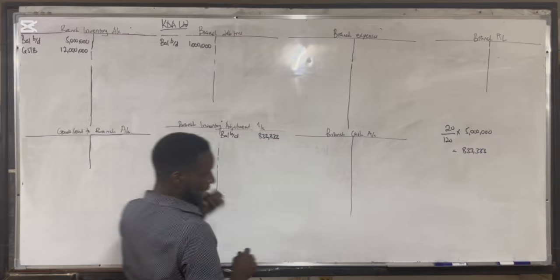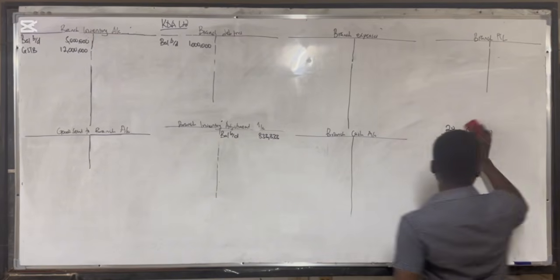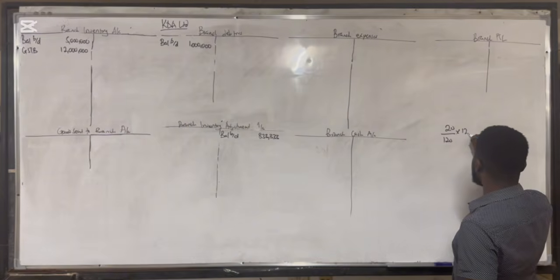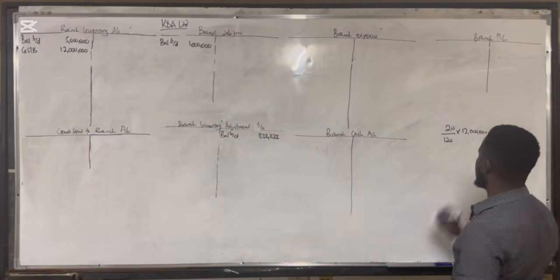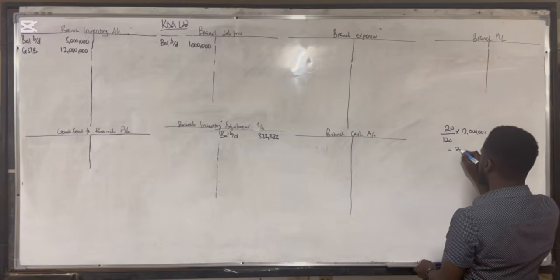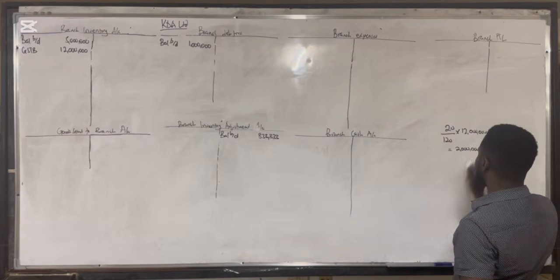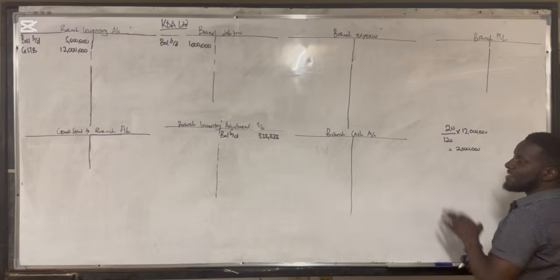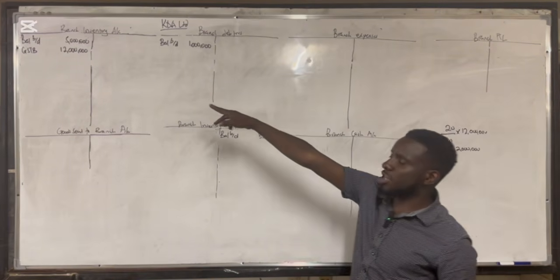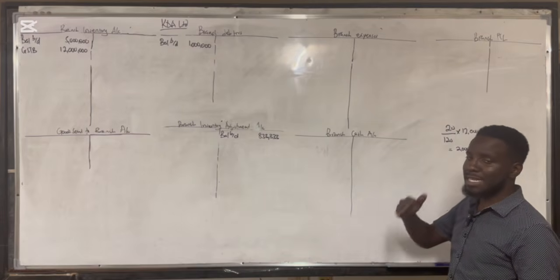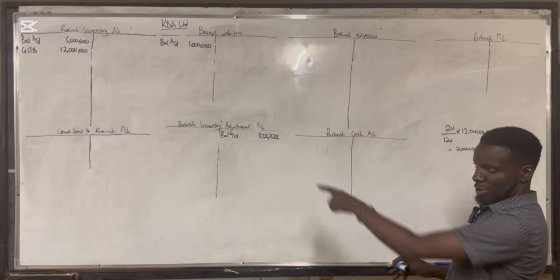So that means you're going to get the 20 over 120 times the 12 millions. First, we get the profit component on the 12 millions, and it's 2 millions. So meaning that the profit component out of the 12 millions is 2 millions. Therefore, once you get 12, which is the selling price, minus the profit of 2 millions, we are going to get the 10 millions, which is the cost.